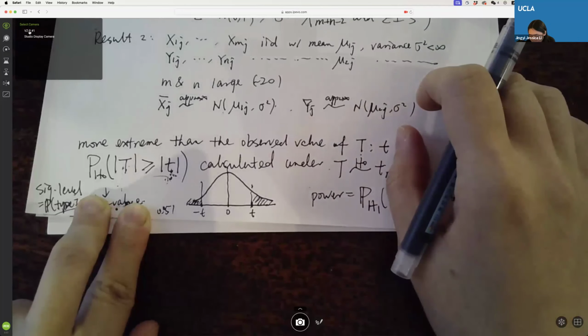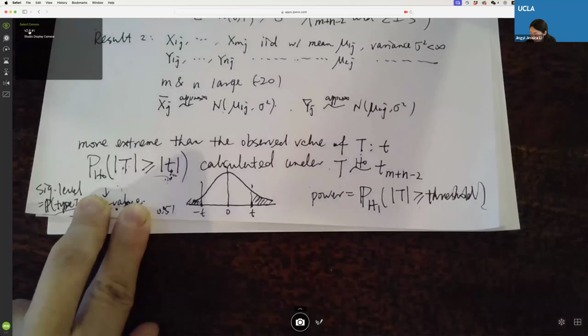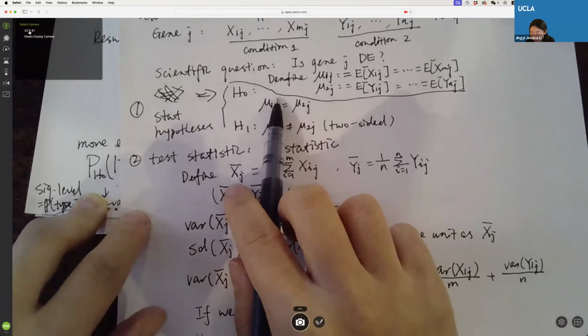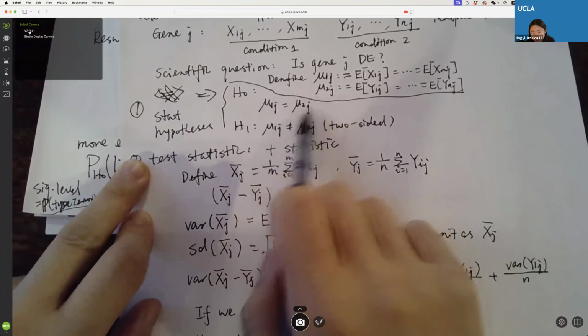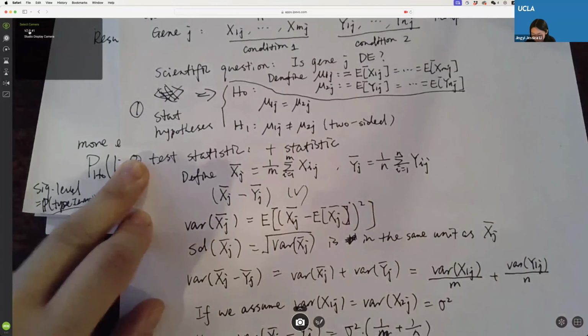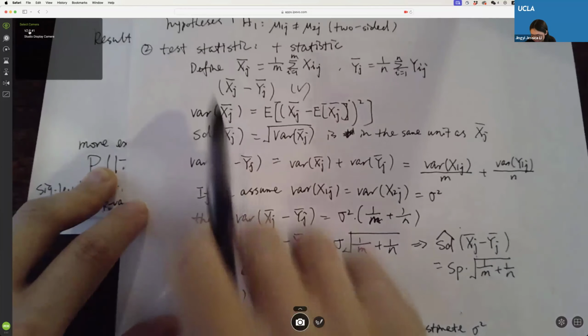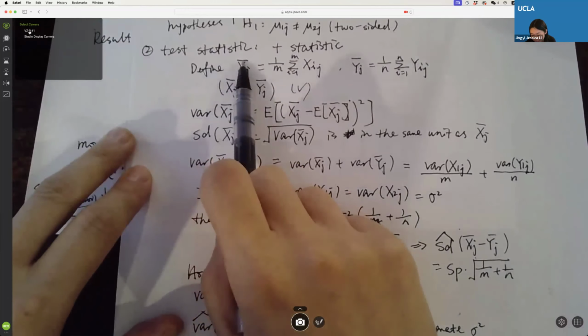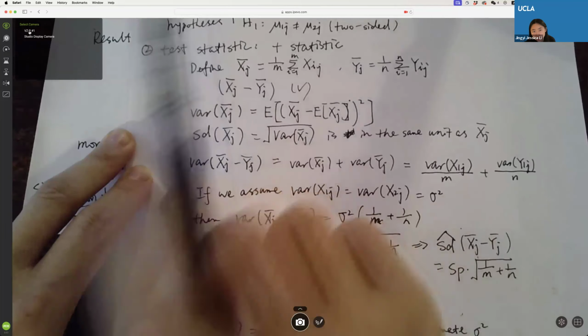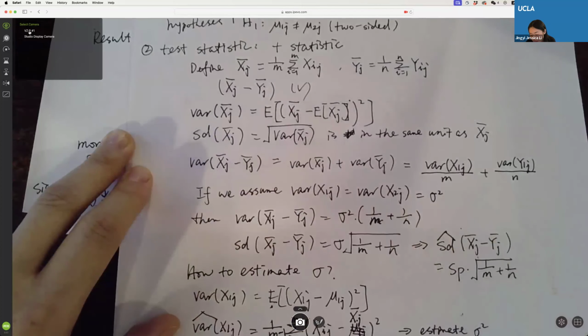But I also want to say that the null hypothesis, this mean equality, is just one thing. There could be other null hypotheses, and I will introduce one example today. Furthermore, the test statistic can have varieties. The t-statistic, the average difference, is just one way to define a test statistic, and there could be other ways.